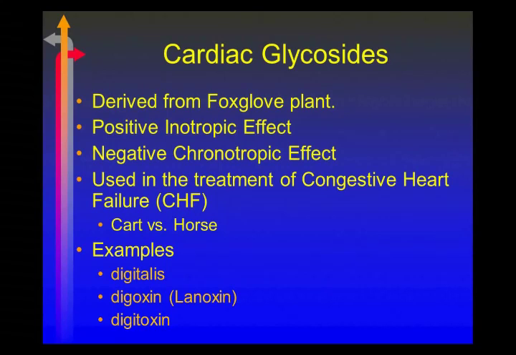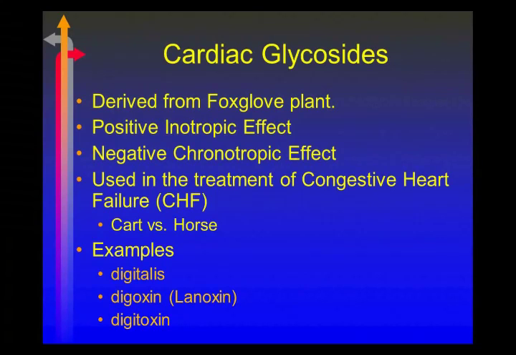I can lighten the load of the cart, reduce the preload. I can give a drug to improve contractility, which means I can give the horse the whip. Vaguely remember this? I know I told you about this. I think you're all high.